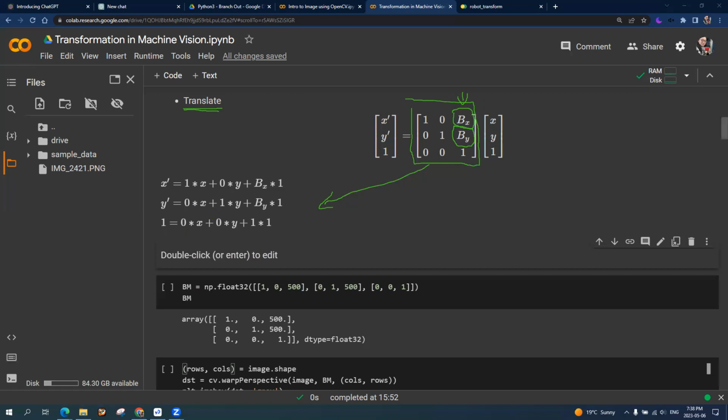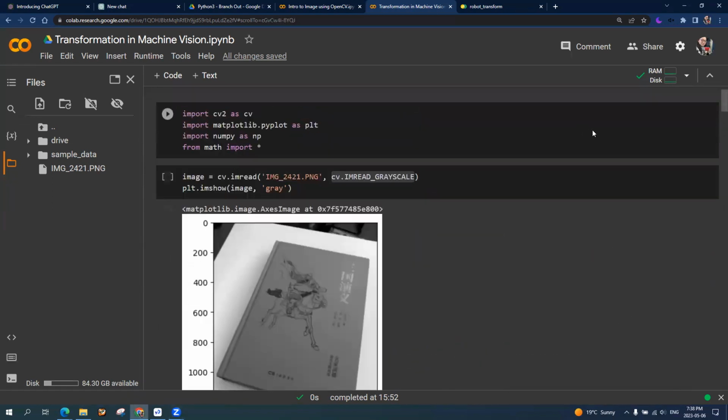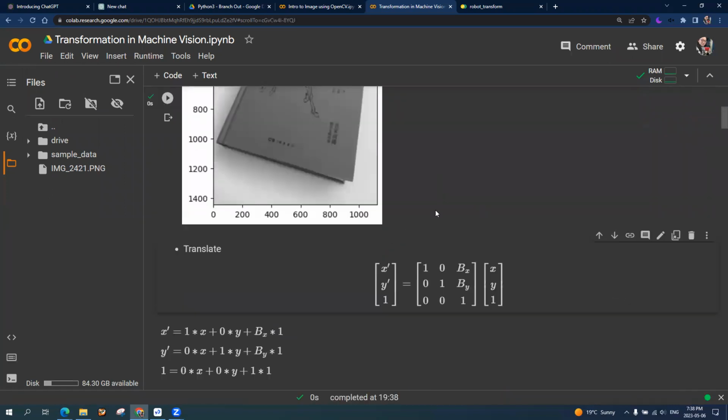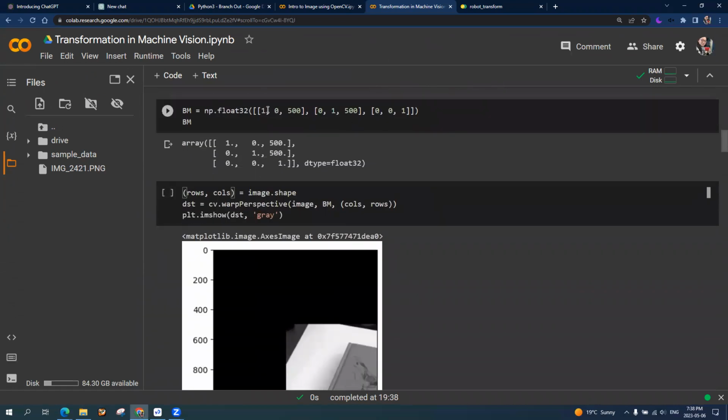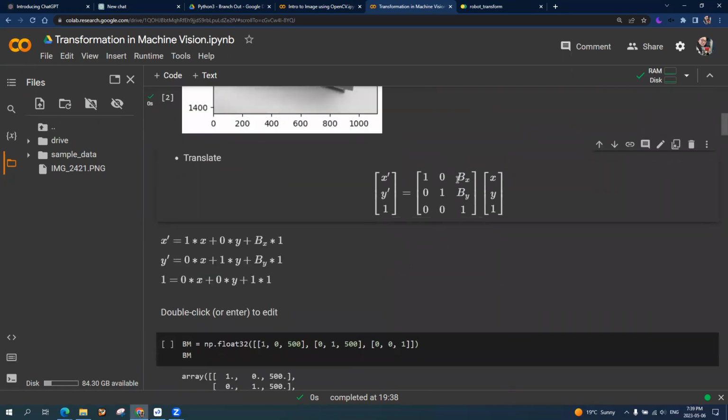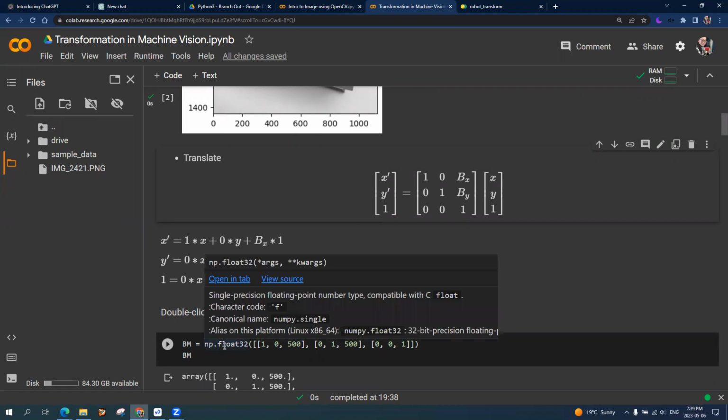All right, so let's look at an example. I need to first run these cells to load the image. All right, so now here we define a translation matrix. My translation matrix is defined by BX and BY, so I define this variable as BM, M for matrix.